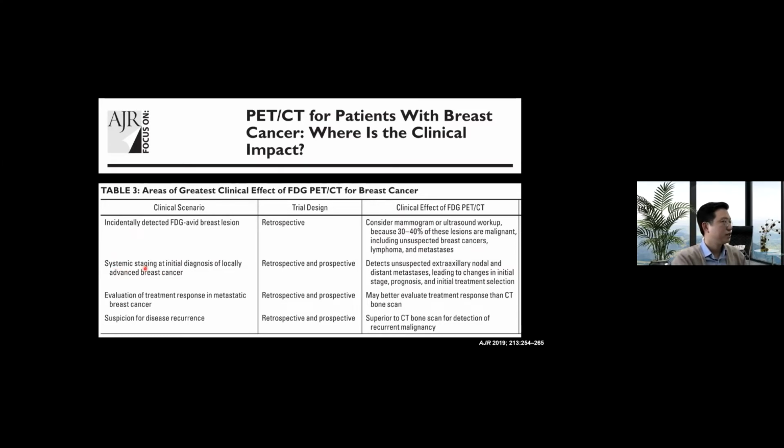So systemic staging, if the breast cancer is locally advanced stage, and can use the FDG PET scan in treatment response evaluation, and also to confirm the recurrence and to determine the disease metastatic burden in recurrent disease.